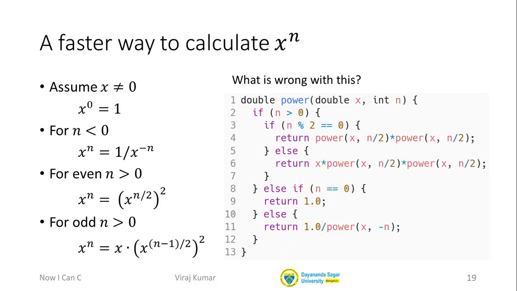Why are we doing the same calculation twice? It seems wasteful. It seems much simpler to calculate that answer once and save its value, and then take that saved value and square that, multiply that value by itself. So that's the trick we should be using on line 4, and of course we should be using the same trick on line 6. And that's the trick I'm going to show you now.